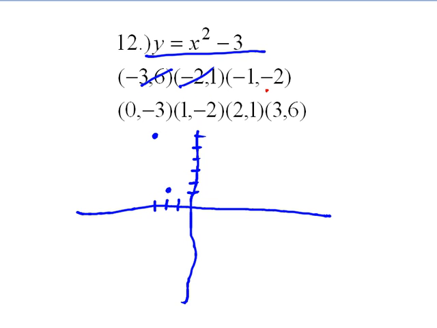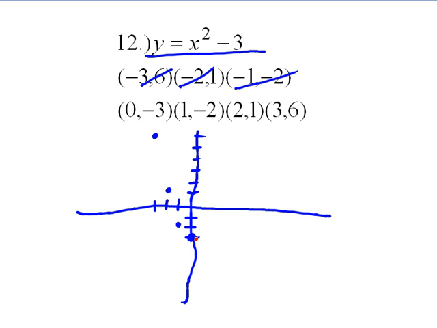Okay. Negative 1 and negative 2 is negative 1, negative 2. 0 and negative 3.